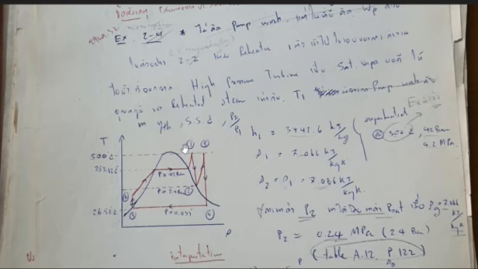This is in the superheating area, and then the steam will go through the high pressure turbine, and then it will be reheated to this point 3, and then it will go through the second turbine, or the low pressure turbine, and expand to point 4, and then it will go through the condenser and convert to liquid at point 5, and then will be pumped to point 6 again.